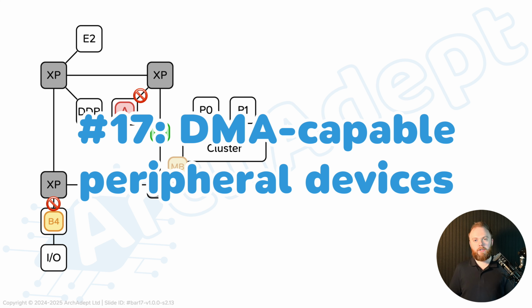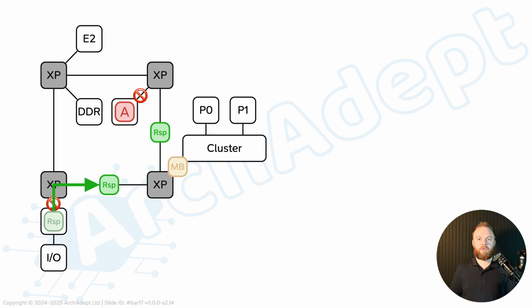Mark all previous transactions, place a block on all new transactions, and then send its own response back to the cluster fabric. Once we've aggregated all of those responses and presented a single completion response back to the cluster, it is able to lift its block on new transactions and sends the write no snoop corresponding to P0's write B downstream, with this transaction then propagating towards home node H4.